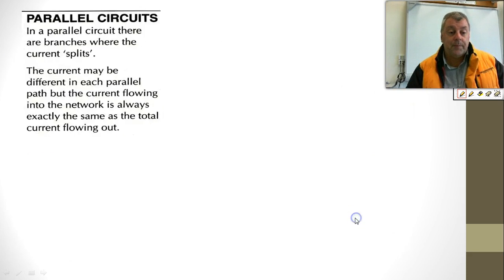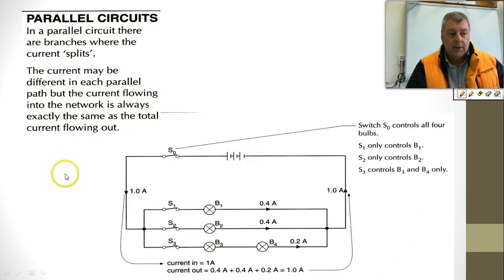Now in a parallel circuit, there are branches. The electrons travelling around the circuit have a choice which way they go. And so this is a more complicated diagram. We've still got our battery, we've got switches everywhere, and we're sending 1 amp. The battery is sending down 1 amp of current, and when it comes here, it must split up.